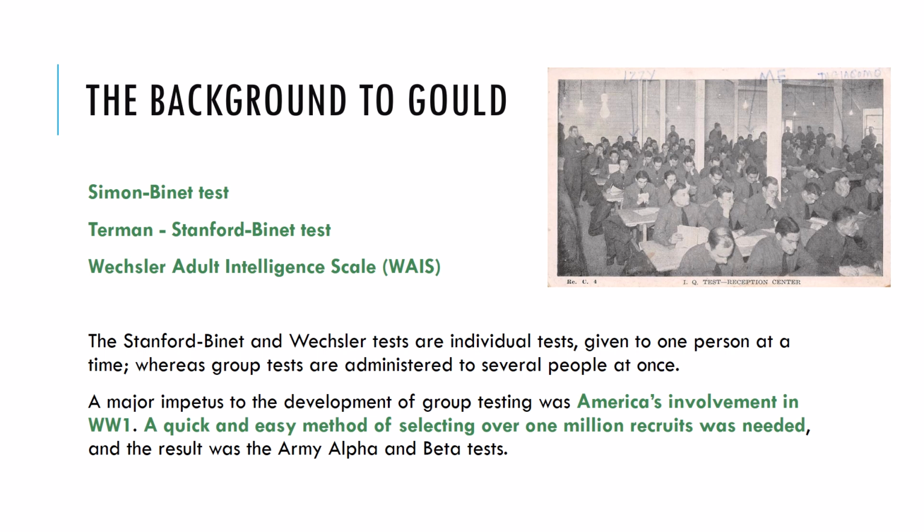Now, the Stanford-Binet and the Wechsler tests are individual tests, so you give them to one person at a time, whereas you can also have group tests that are administered to several people at once.